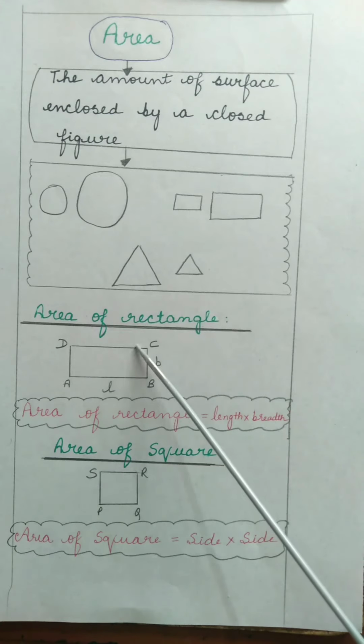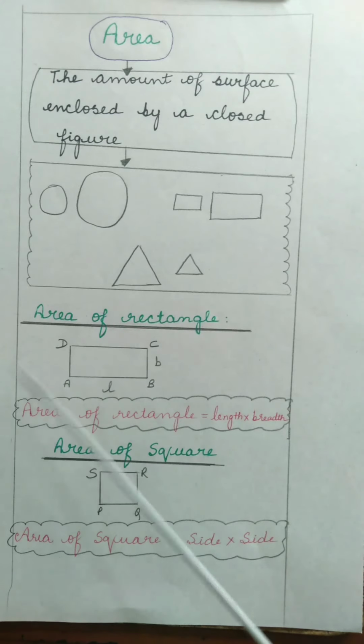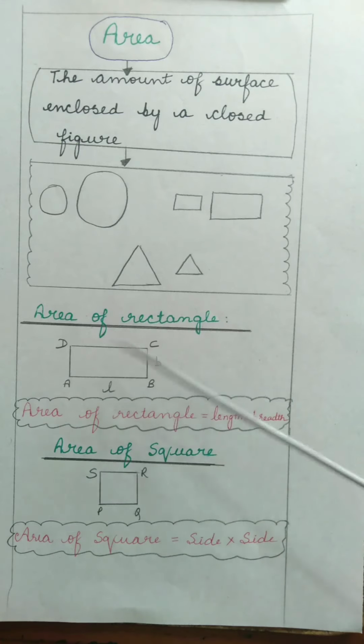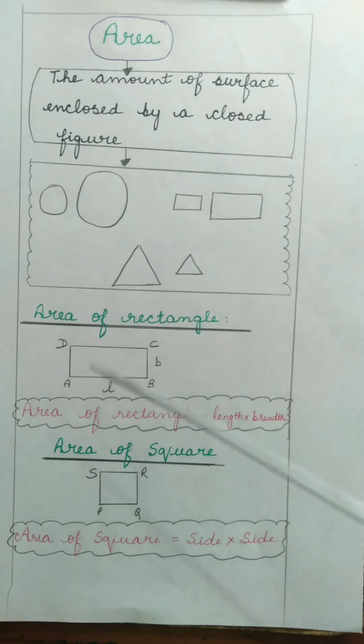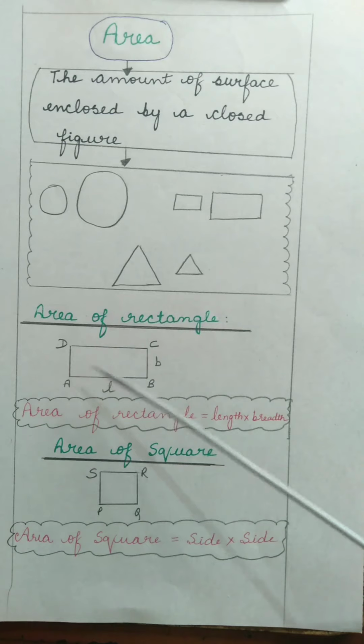In a rectangle, opposite sides are equal, and one more point you need to remember, children, is that opposite sides are also parallel. Parallel lines means lines which do not meet at any point. So these opposite sides are parallel and equal, and all four angles measure 90 degrees.